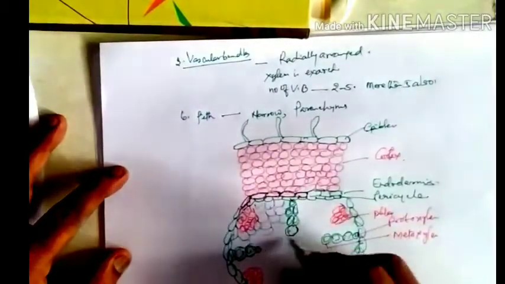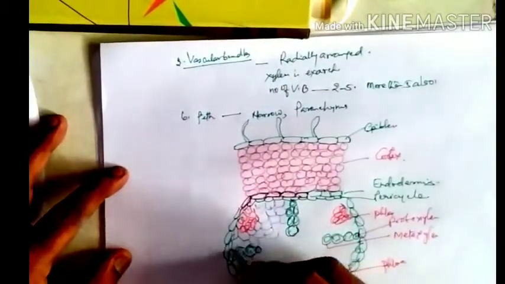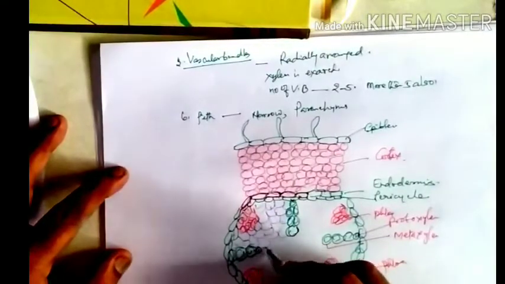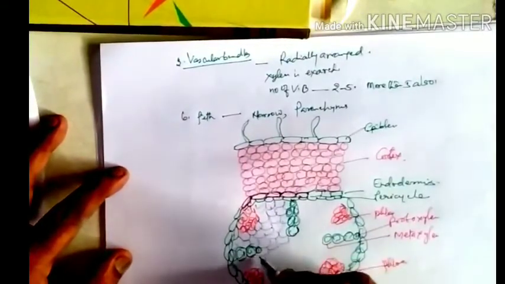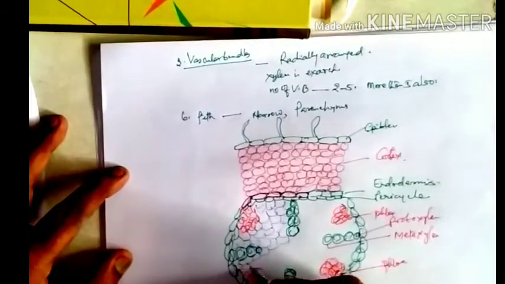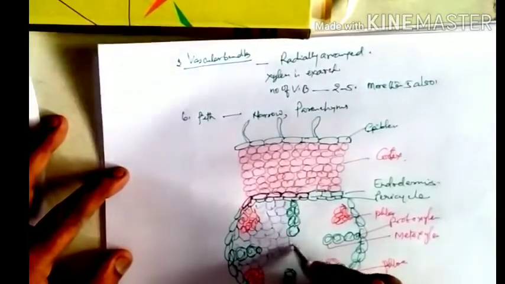These cells are known as conjunctive tissue between the two groups of cells, xylem and phloem.